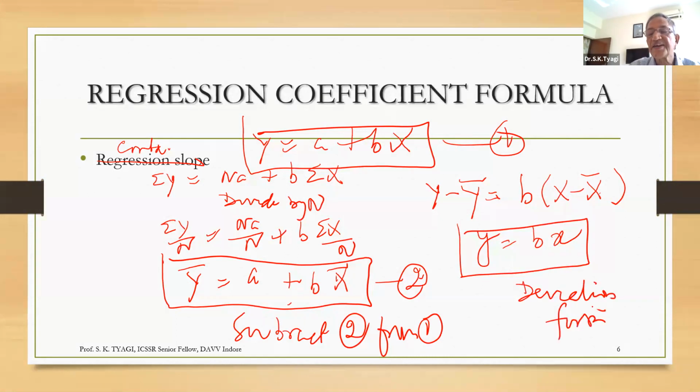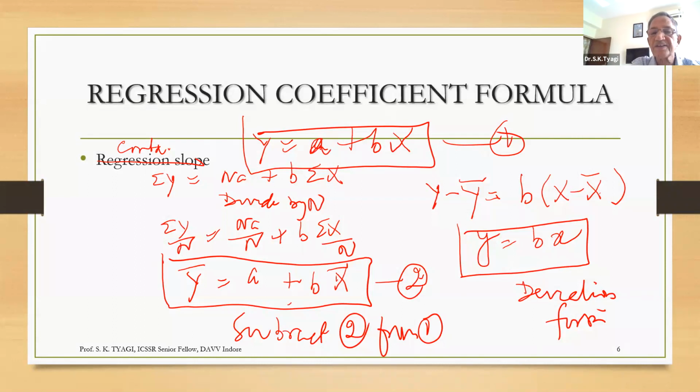So the equation in deviation form, number 1, involves deviation from the mean of x and mean of y. Number 2, this equation in deviation form does not have any intercept. Intercept is gone. But the regression equation in score form has intercept a. A is the y-intercept.